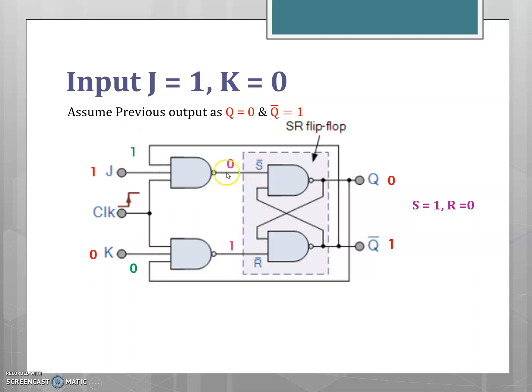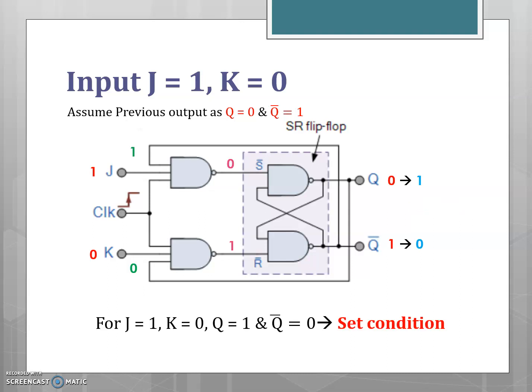So S bar 0 implies S equal to 1 and R bar equal to 1 implies R equal to 0. So in SR flip-flop with S equal to 1 and R equal to 0, it represents the set condition, that is the output Q equal to 1 and Q bar equal to 0. So for J equal to 1 and K equal to 0, the output Q equal to 1 representing the set condition.